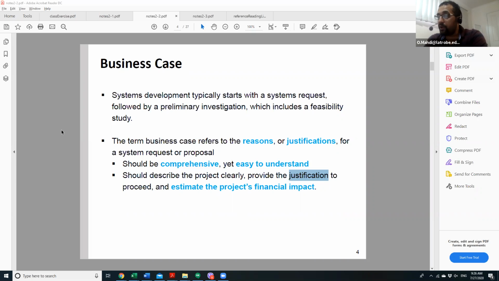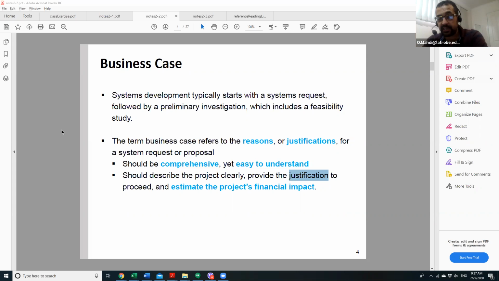From using the LMS for a year, you have noticed some weaknesses, some parts that are not efficient to deal with in the LMS. So here, your job, as a system developer, is to come up with a new online system for Latrobe University. So here, you will put your request to Latrobe University.